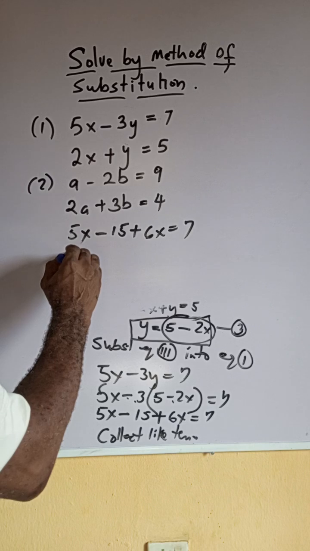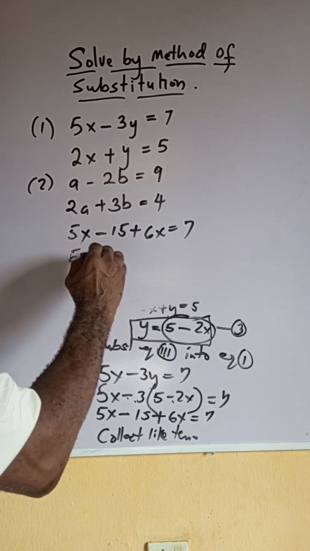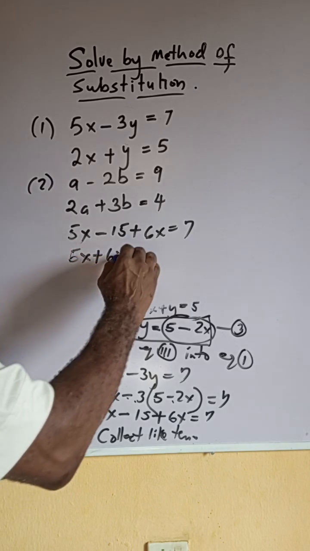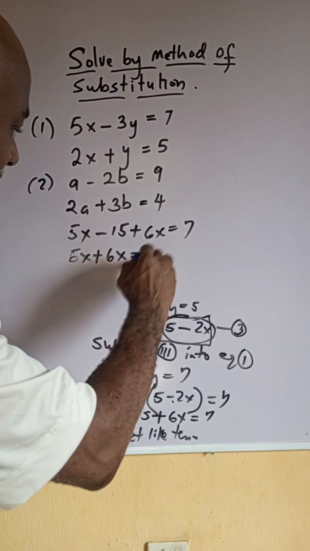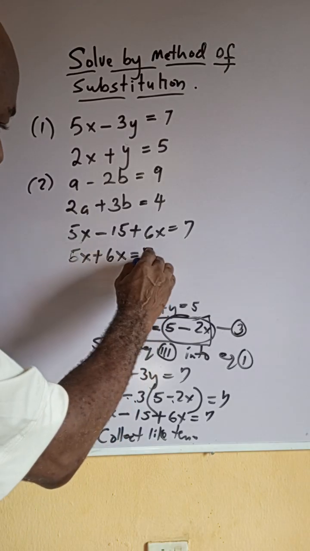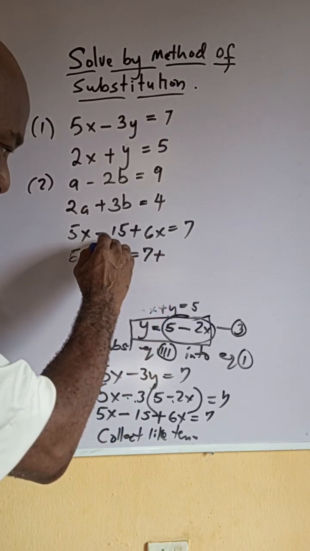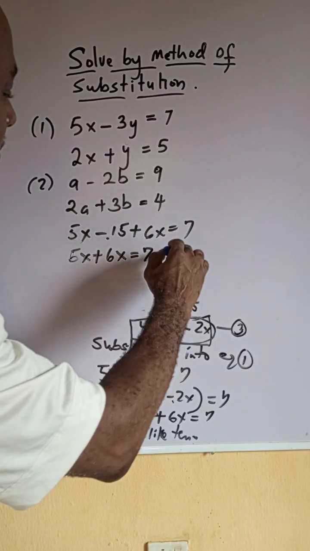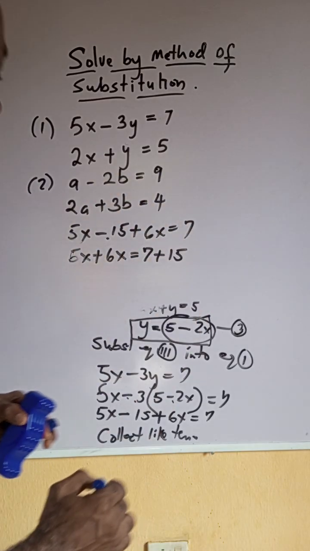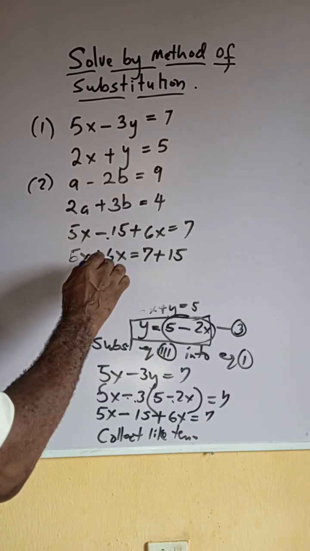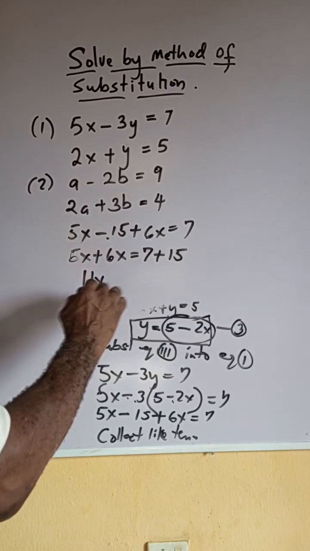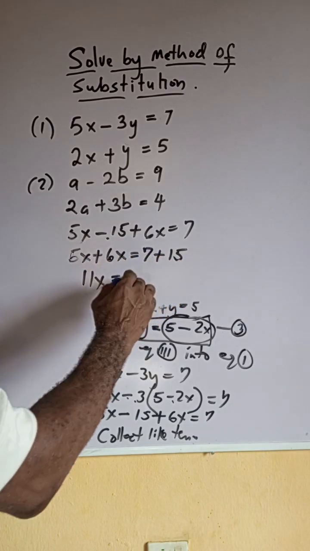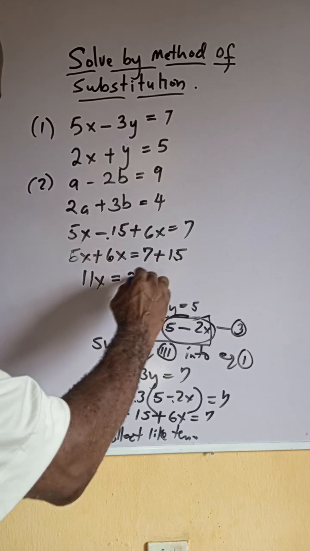So 5x plus 6x is equal to 7 plus 15. This 15, bearing a positive sign, crosses over and becomes plus 15. So this plus this gives us 11x, which is equal to 22.